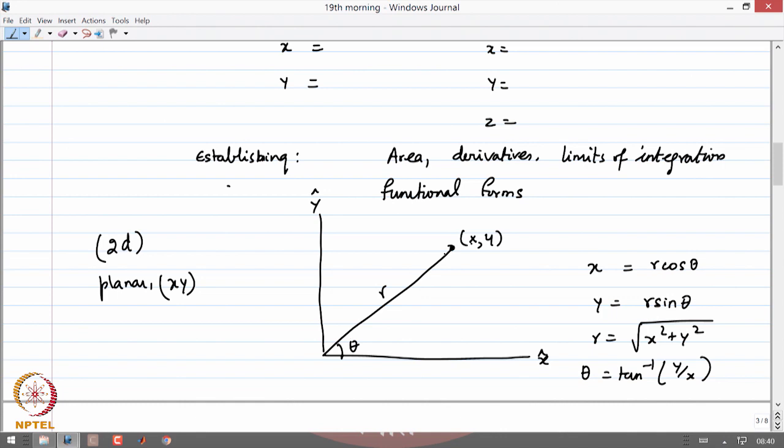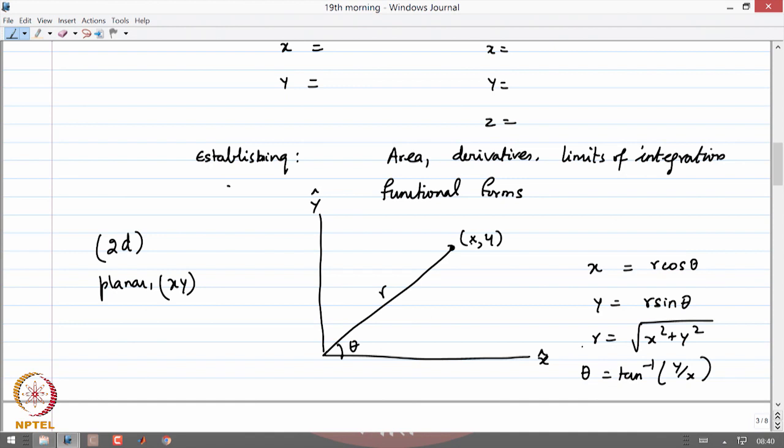The angle theta that the position vector makes with the x axis, as well as the length of this vector, are used to define the polar coordinate system as follows. The component x is given by the radius vector r cos theta, and the component y is given by r sin theta, and therefore, this is the transformation from Cartesian to polar.